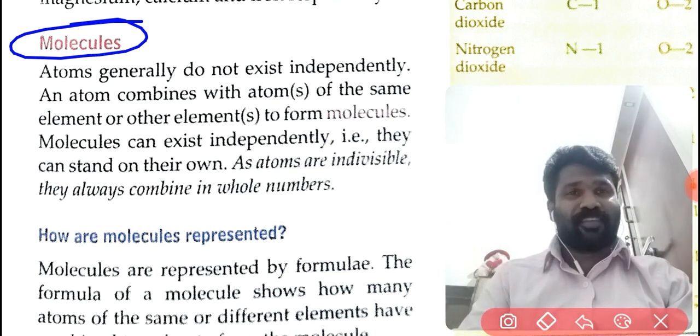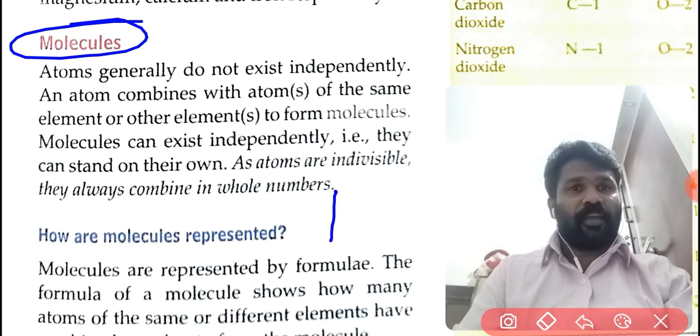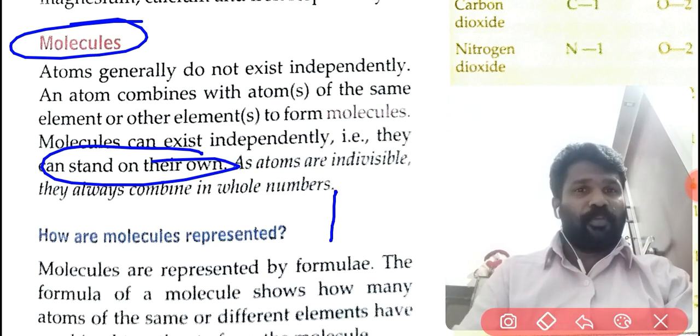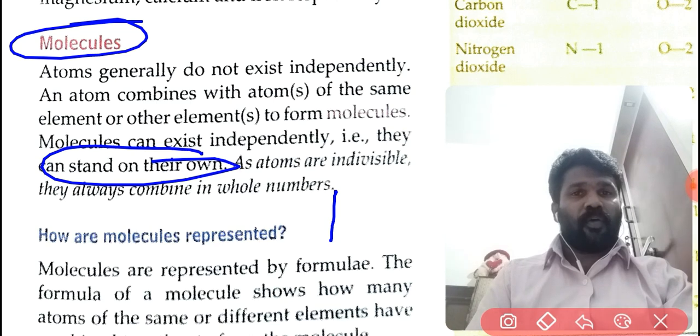Atoms cannot exist independently, but molecules can, that is, they can stand on their own. As atoms are indivisible, they always combine in whole numbers.